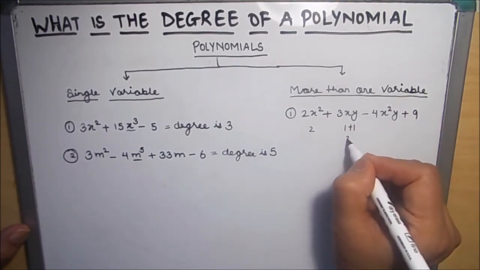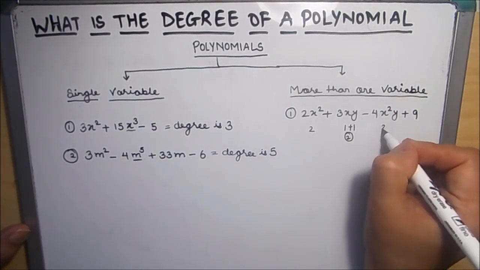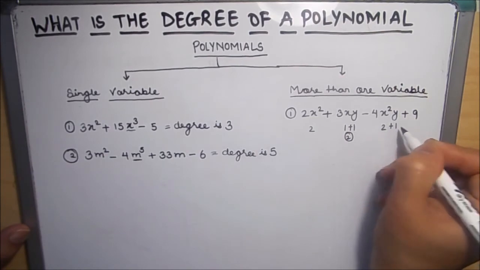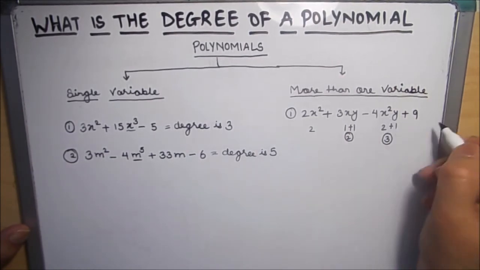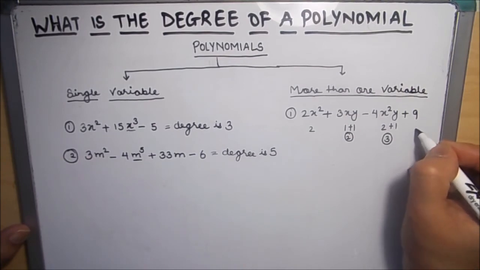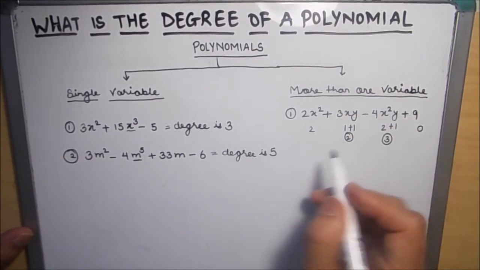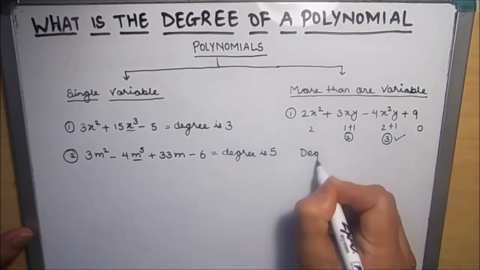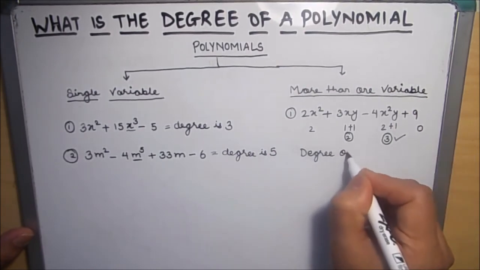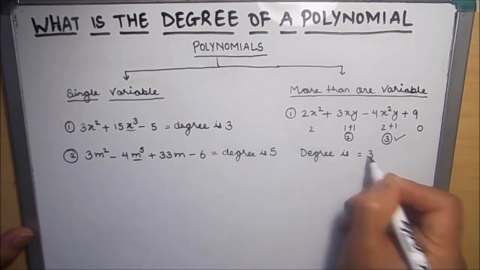So this is 2. Here the power of x is 2 and y is 1, so the power is 3 in this term, and for the constant, the power will be 0. The highest index in this polynomial is 3. So the degree of this polynomial is 3.